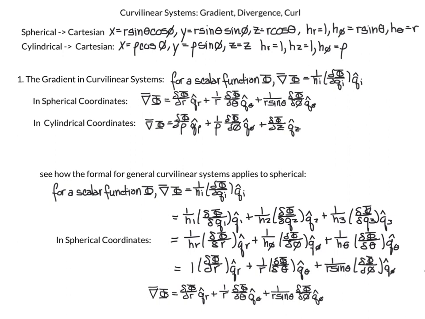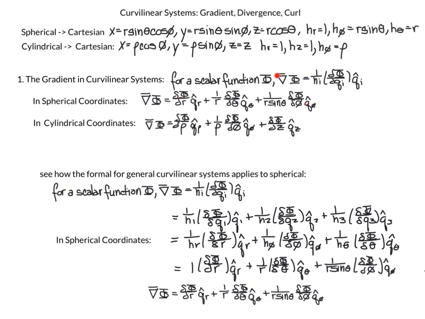Well, that's okay. We can do theta first. So h of theta is r, so 1 over r d phi d theta in the theta direction, and last we'll do phi. So 1 over h of phi is 1 over r sine theta d phi d phi in the phi direction. So just multiplying the 1 out, I get this formula, which is exactly what we have here.